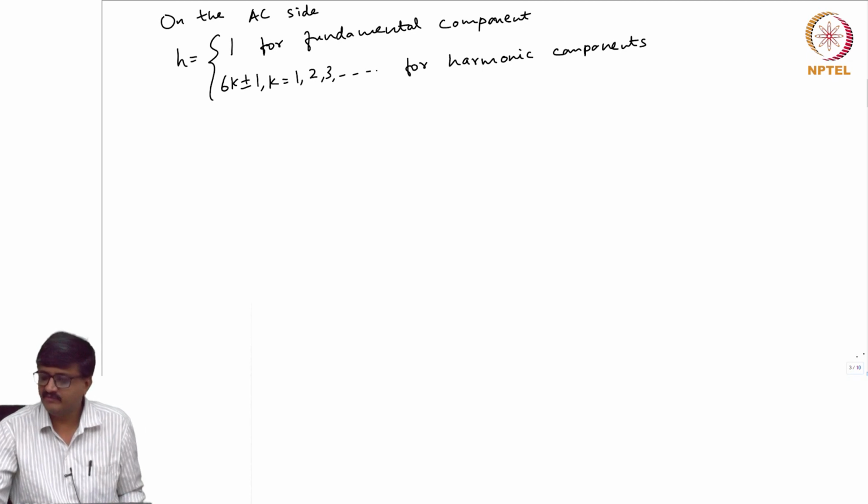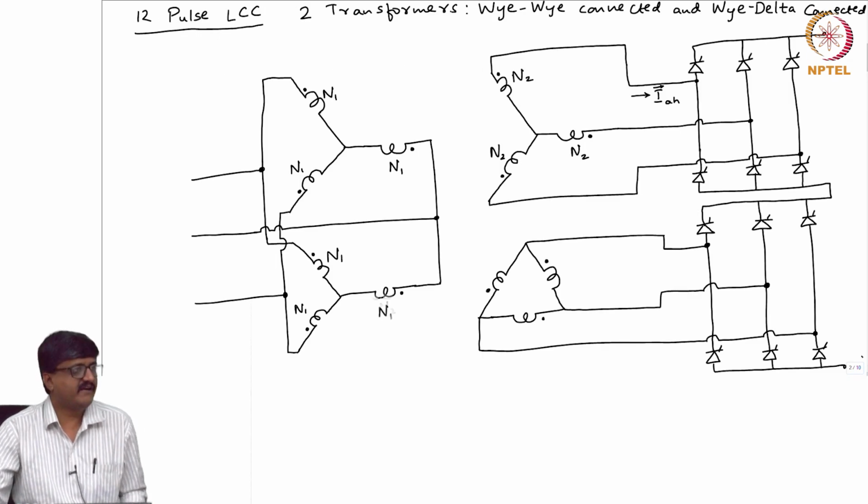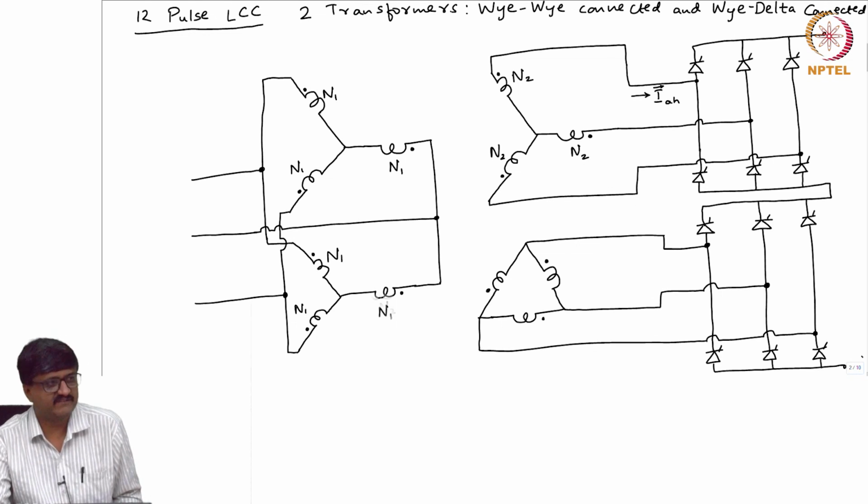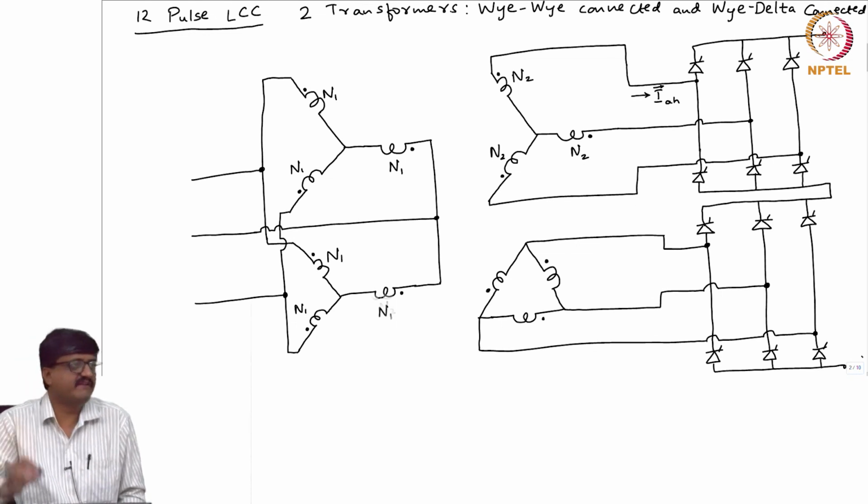So, what I am trying to say here is at a time I take one value of H. Please note this is the AC side. So, the possible values of H are 1 for fundamental, 5, 7, 11, 13, 17, 19 and so on.